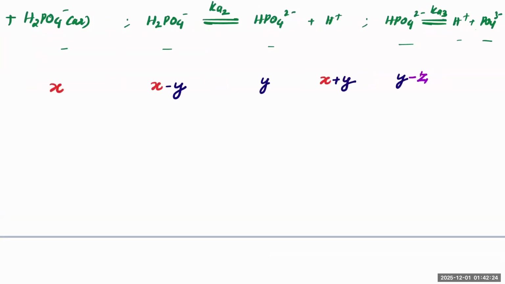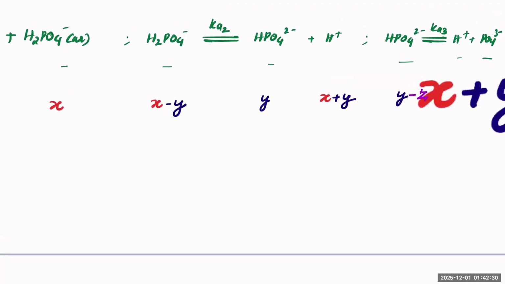And you notice H plus was already X plus Y. H plus concentration is already X plus Y. And out of which now when the Z loses from here, some Z amount will be formed. So that is plus Z will be formed, and for PO4 3 minus, the value will be Z.